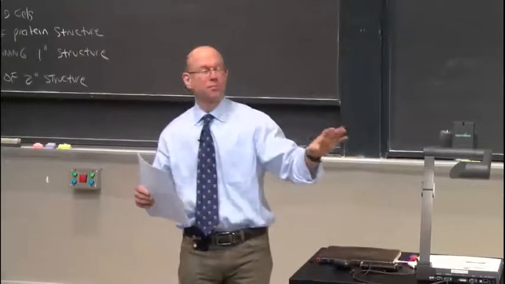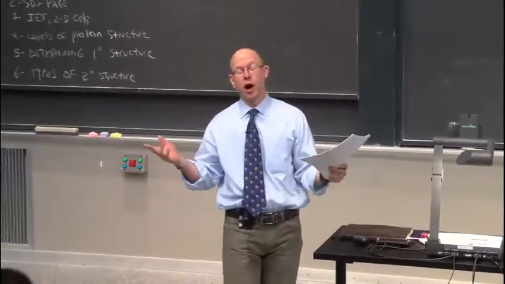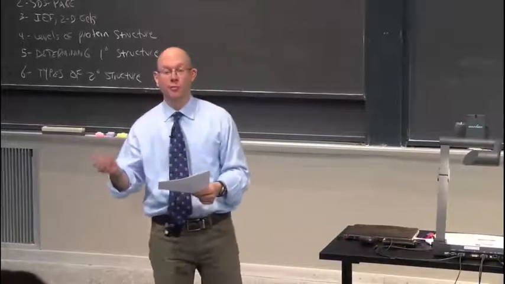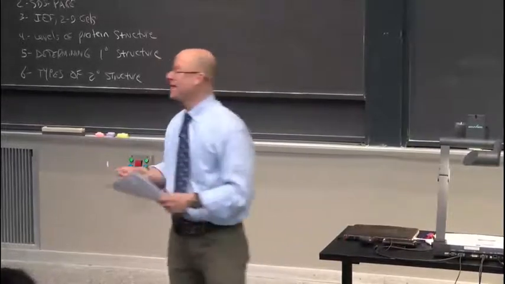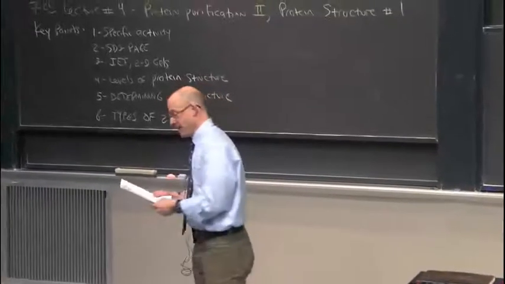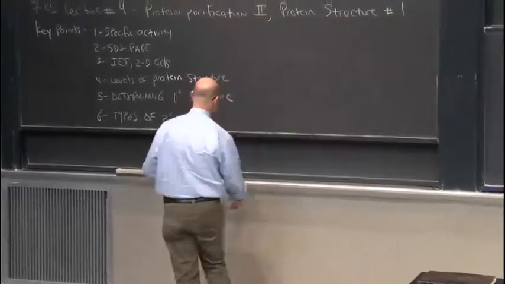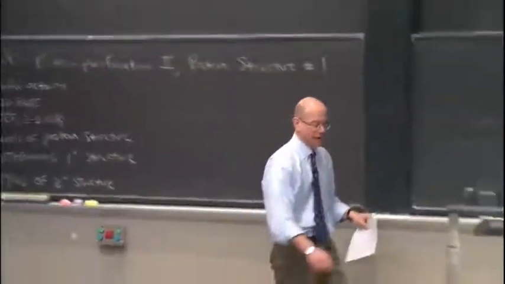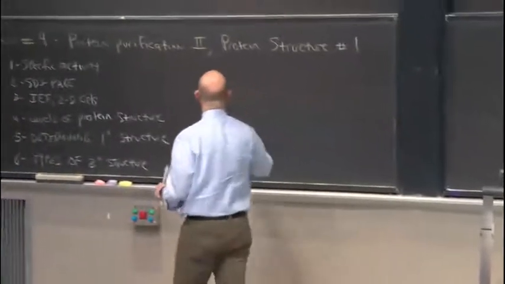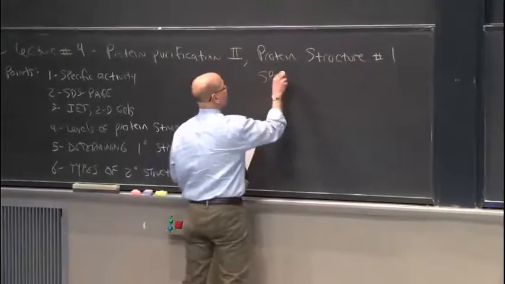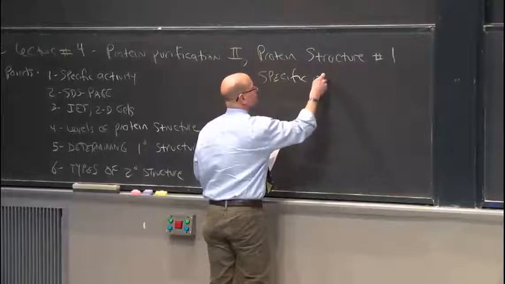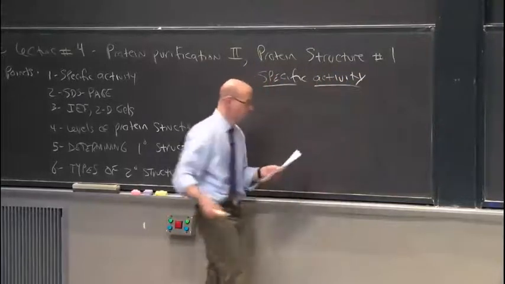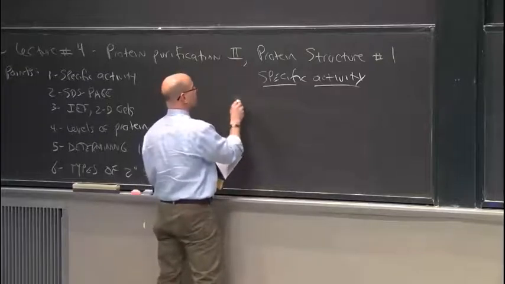We could monitor protein purification by electrophoresis, and we often will. If our protein has a particular biochemical function that we can measure, there's a better way. And that's by measuring something called the specific activity. Now, in order to measure specific activity and monitor how this gets better as we purify our protein, there are two things that we absolutely need to know.